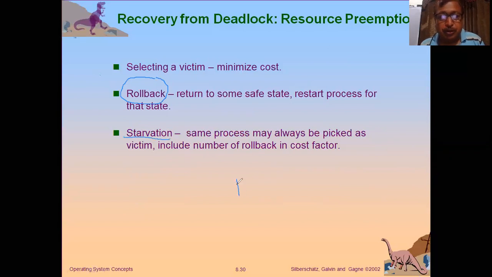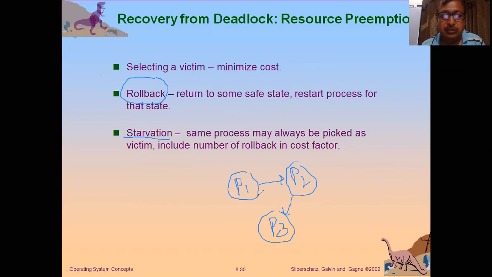Suppose there are processes P1, P2 and P3 which are in the deadlock state. This one has a resource of type R1, and this one is also requesting R1 from P1, which is held by P3. Suppose the operating system snatches the resource R1 from it and gives it to this one.